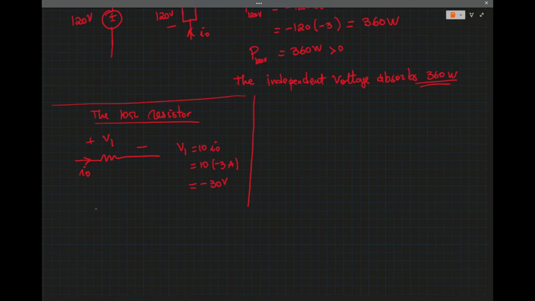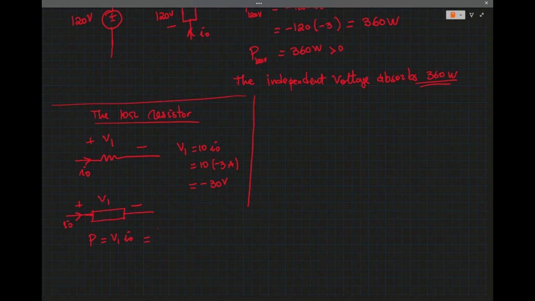If you look at this as a component, the current is flowing from plus to minus. So P is V1 I0.